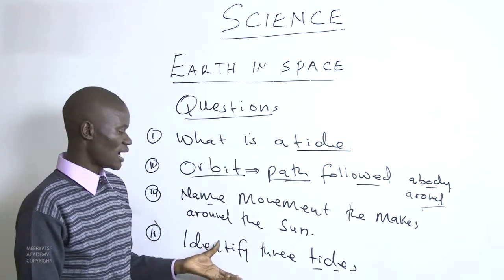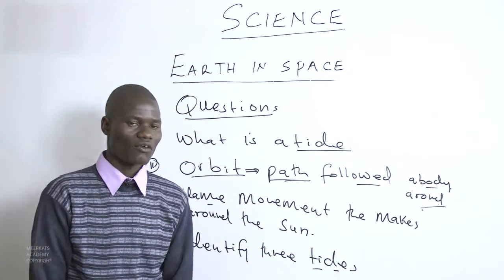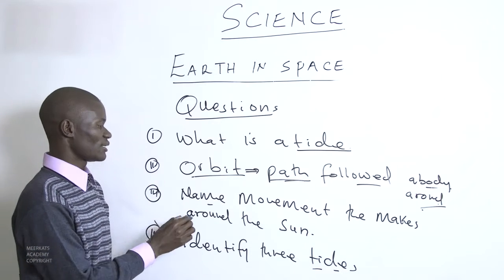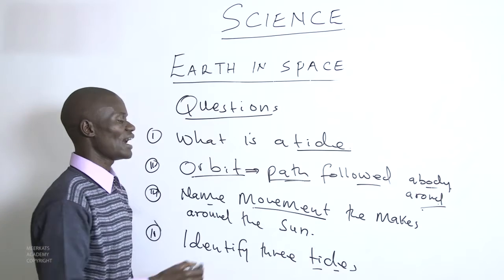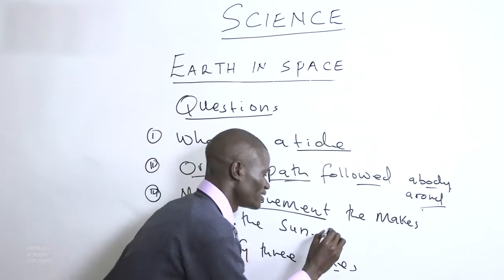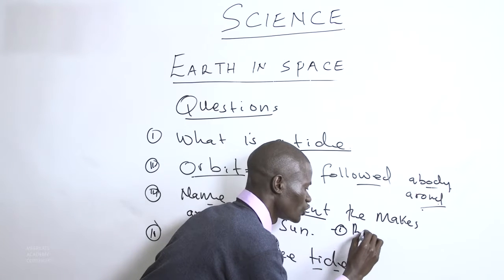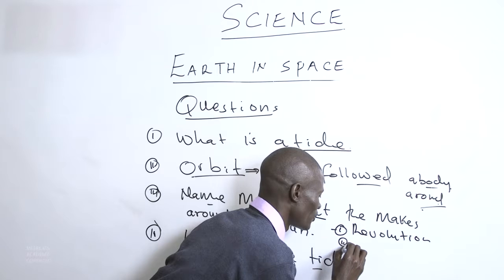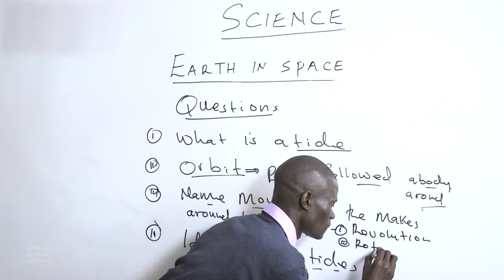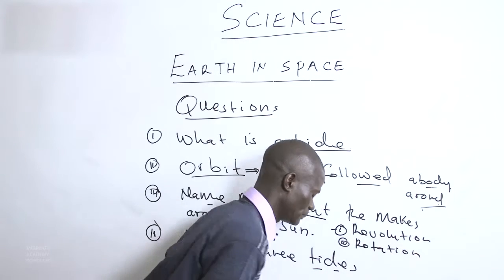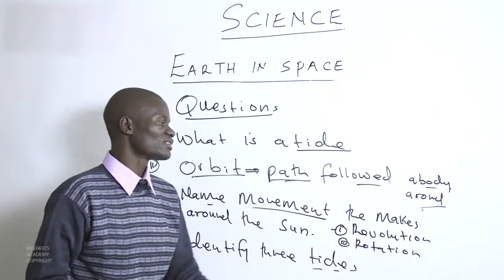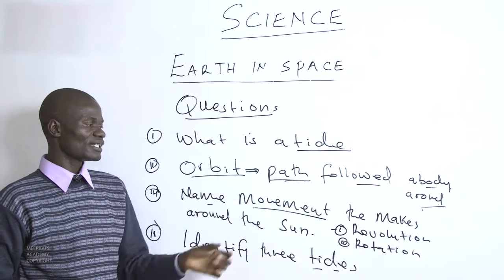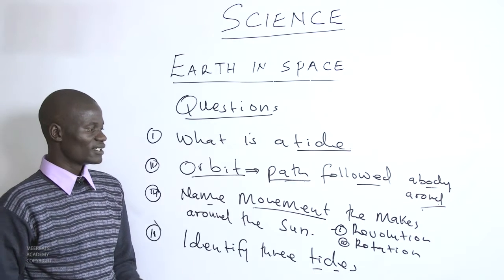Let's look at the types of tides. As we have been able to look at the various movements that the earth makes, just to remind us, we have revolution, and then we also have rotation. These are the 2 movements that the earth makes.